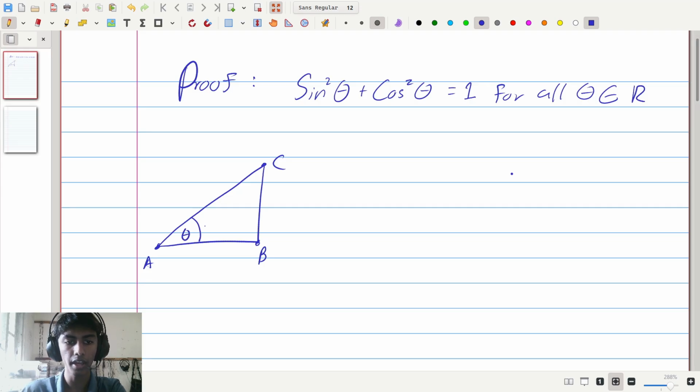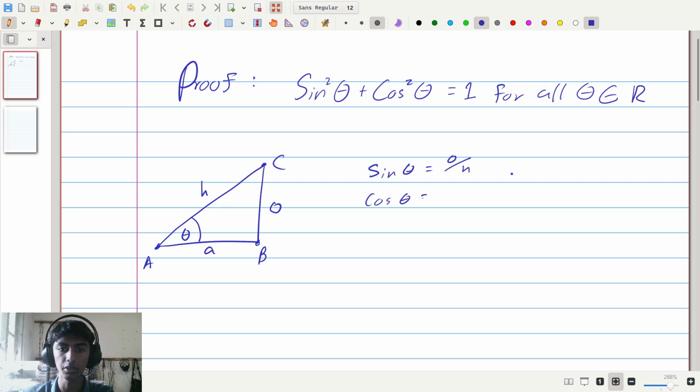They told you that the side opposite to the angle theta was the opposite side, the other side was the adjacent side, and the longest side was the hypotenuse. And then they probably told you that sine theta is equal to opposite divided by hypotenuse, cosine theta is equal to adjacent divided by hypotenuse, and tangent of theta is equal to opposite divided by adjacent.